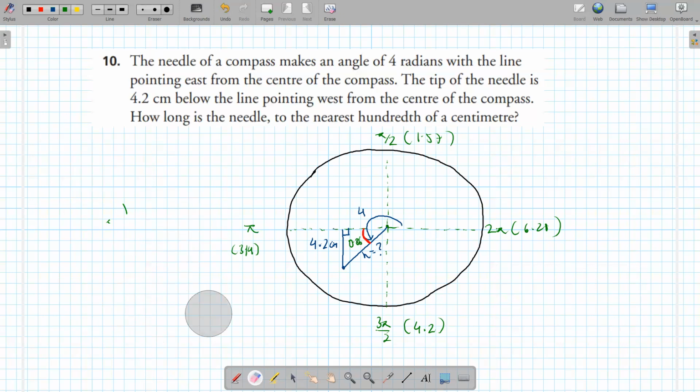So now we can answer this very easily. You have this triangle here. You're trying to find the hypotenuse of this triangle. You know this angle here is 0.86, and you know this side here is 4.2. How can we find the hypotenuse? Sine, cosine, or tan?